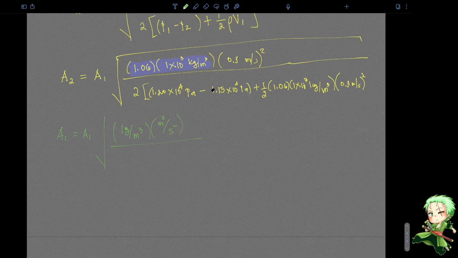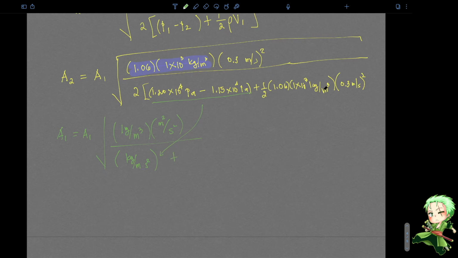You know from the previous lectures that Pascal is just kilogram per meter times second squared. So this one here is just Pascal, equivalent to this one.